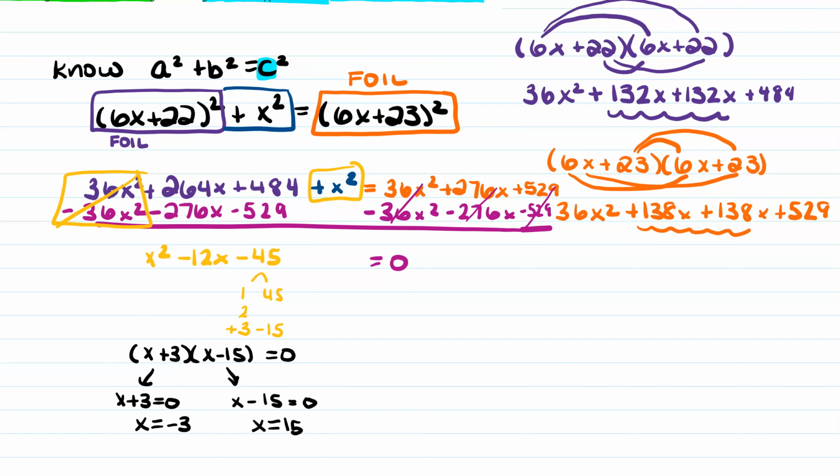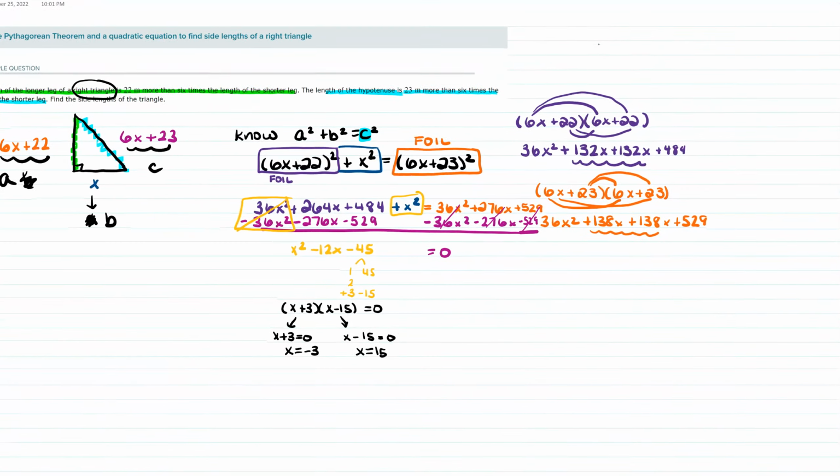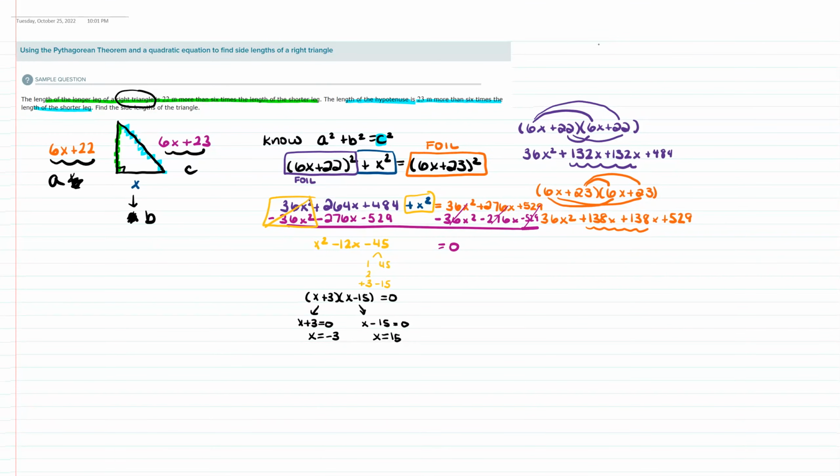And you're probably thinking, well, there's two values of x. What do we do? Well, let's look at our picture. Our picture is a real live triangle. Excuse me. So its sides have to be positive. It's not about what the value of x is. It's about what happens when you plug x back into the A side, the B side, and the C side.